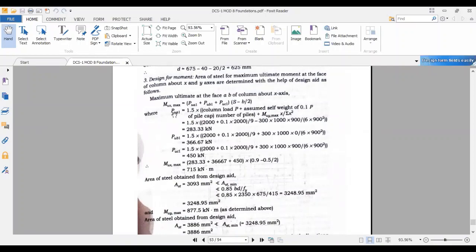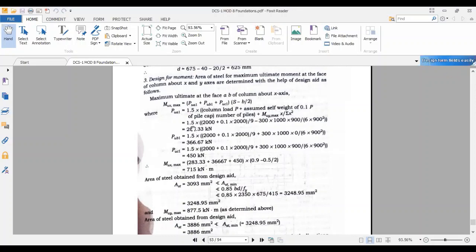So MUX max is given by PUA1 plus PUB1 plus PUC1 multiplied by S minus B by 2, where PUA1 is given by 1.5 times the column load plus assumed 0.1 P of pile cap divided by number of piles plus MUY max X upon summation of X square.